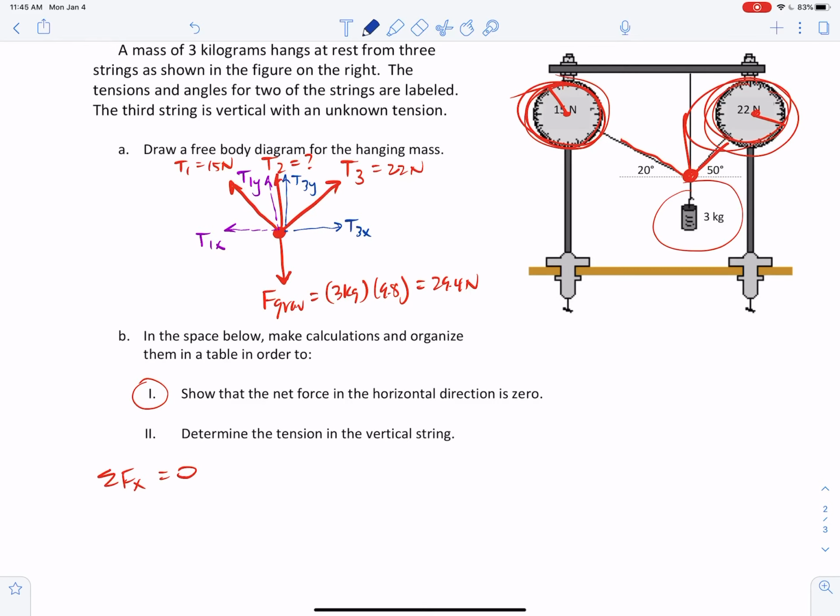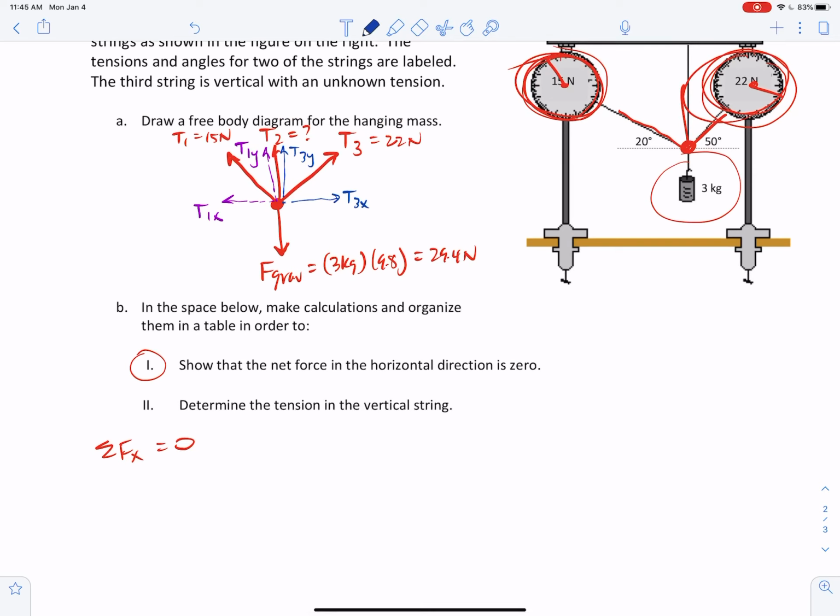Summing the forces in the x direction looks like this. I'm going to have T3x, the x component pulling to the right, plus the negative of T1x, because it's pulling to the left, and I'm going to set them equal to 0. T3x is related to a 50-degree angle.